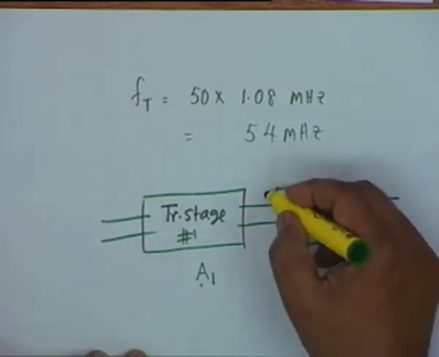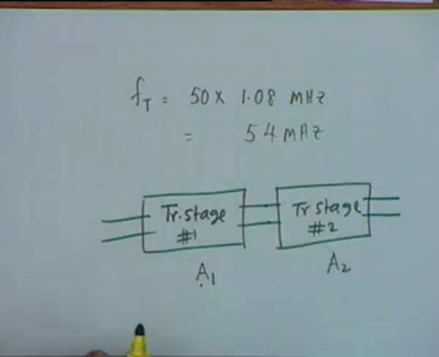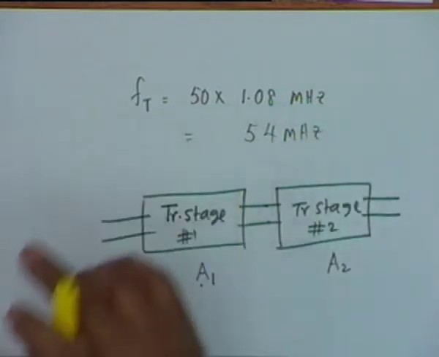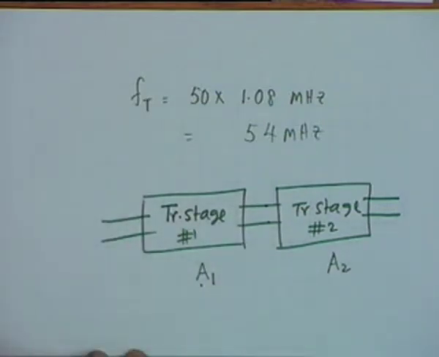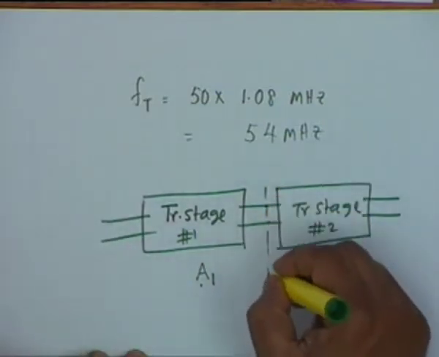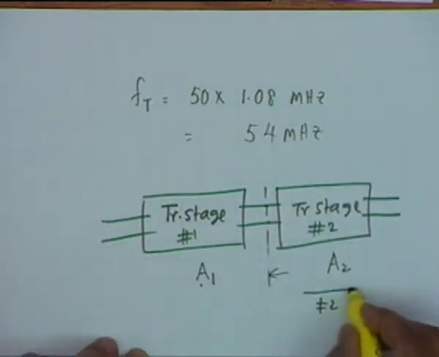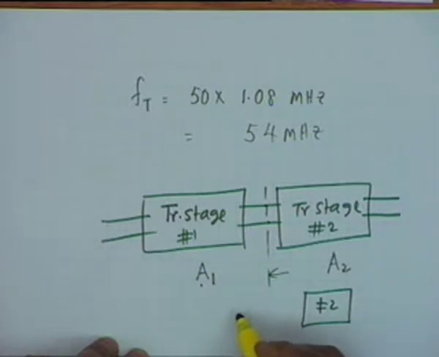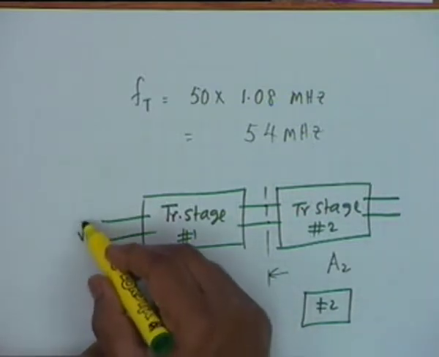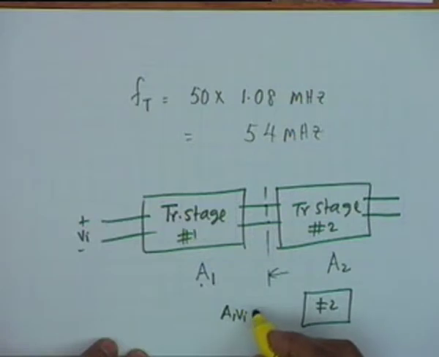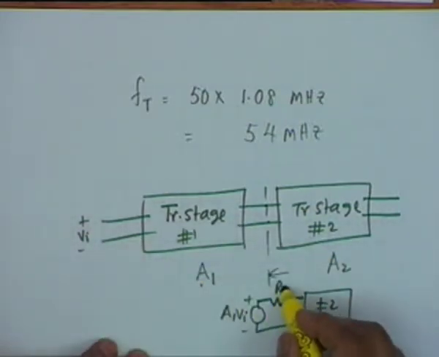But if you calculate A1 by open circuiting this, open circuit voltage divided by this, then the A1 A2 formula shall not be valid, because transistor stage 2 is being driven by, let us say if this is VI, A1 VI, the Thevenin source in series with the Thevenin output resistance, let us say RT.